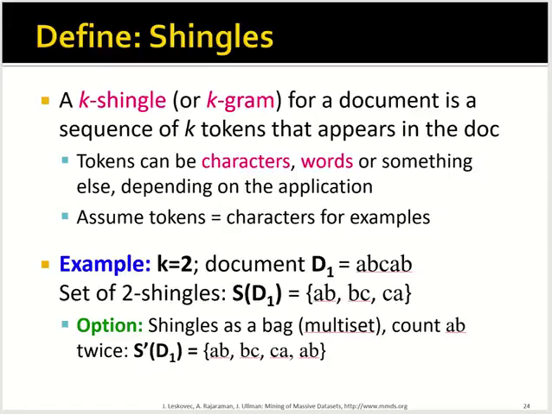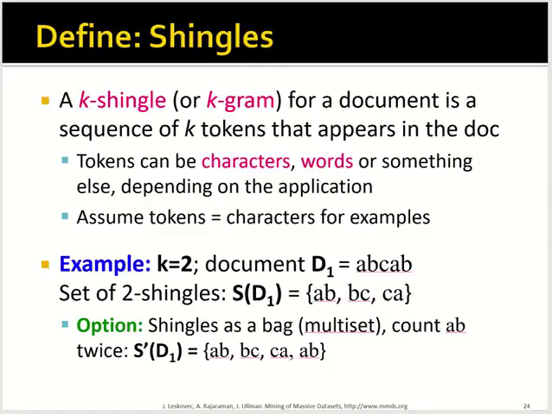For example, if we take k equal to 2, and document D1 is a very short string like ABCAB, the set of 2-shingles, SD1, can be represented as AB, BC, CA. The last AB is a repeat of the first AB, so it is merged with it.